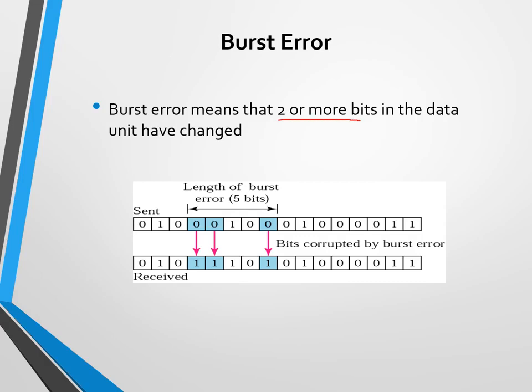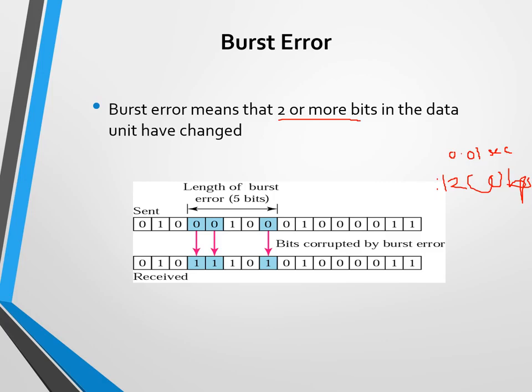For example, a burst of impulse noise on a transmission with a data rate of 1200 bits per second. What does this mean? It might change all or some of the 12 bits of information.